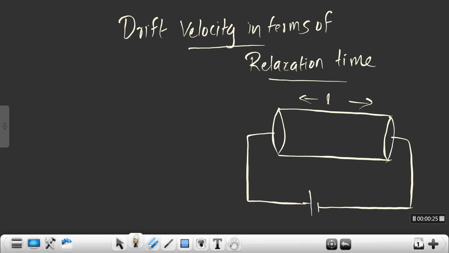Consider a conductor having length L across which a PD of V volt is applied.